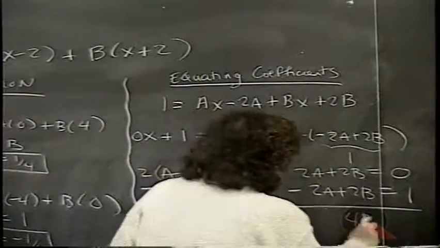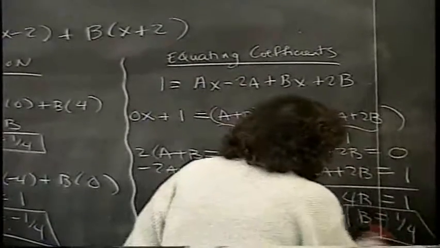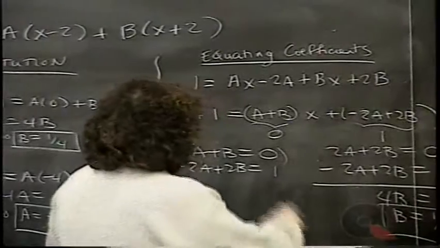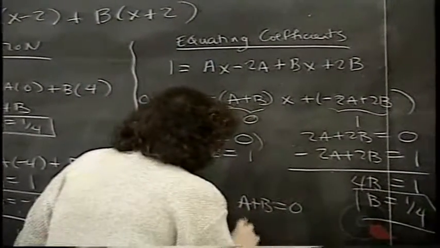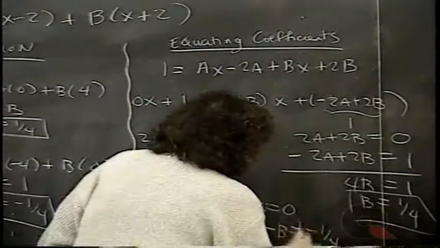We get that 4B equals 1, B equals 1/4, which is what we found before. And in addition, we have A plus B equals 0, so A equals minus B, A is equal to minus 1/4.